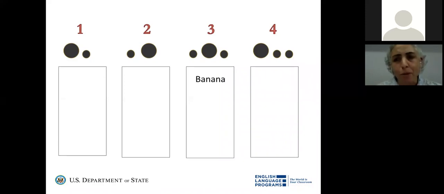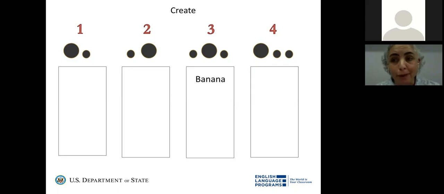So let's try one more word. What's our next word that's up there? Which column? And how many syllables does this word have? Any guesses for how many syllables? People are saying 2. Okay, great. So let's try clapping it both ways.